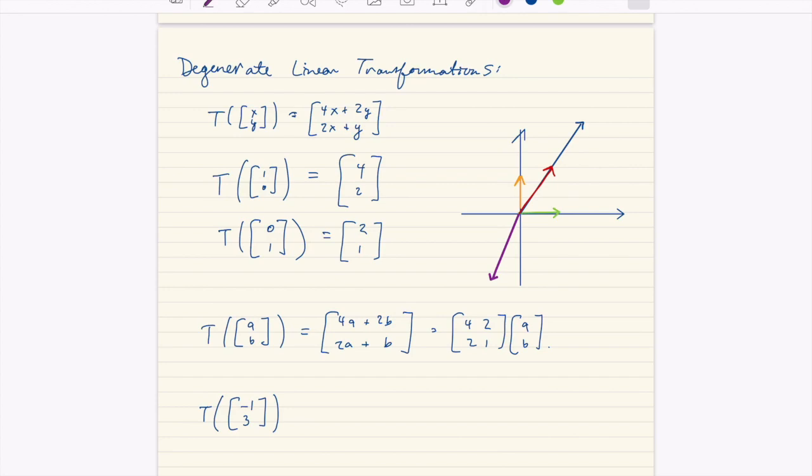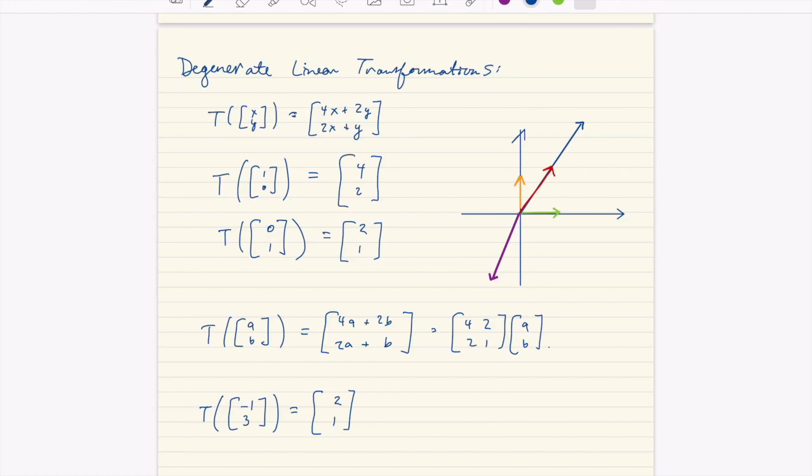And let's think about what our transformation says is going to happen here. Well, we're going to get (-4 + 6, -2 + 3). And this purple vector is also going to be sent to that vector (2, 1).